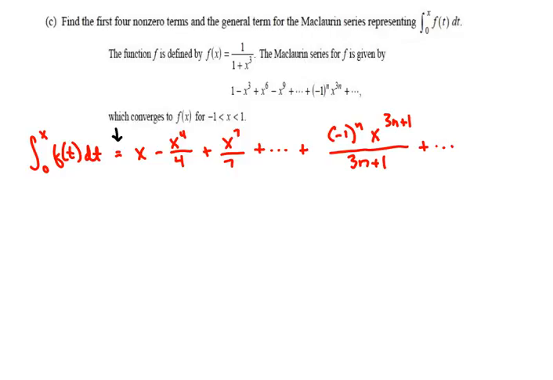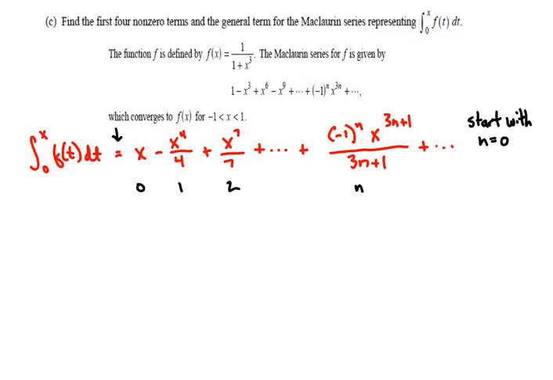Once again, we should be able to get the first term of x, and in this case, when n is equal to 0, x to the 3n plus 1 will just be x. And so that will give us all the values and all the signs that we're looking for here.